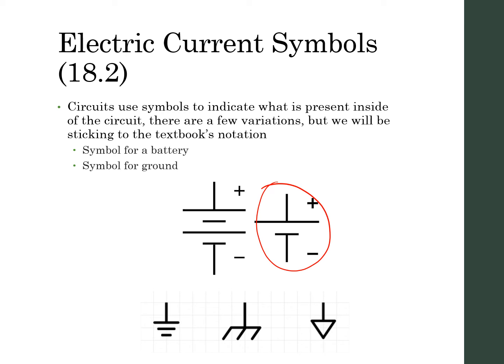And so these symbols down here correspond to the different symbols for a ground. Our textbook is going to be using this left symbol here. So again, these symbols are just what you might see in circuits, and we'll build into a couple other different ones as well.